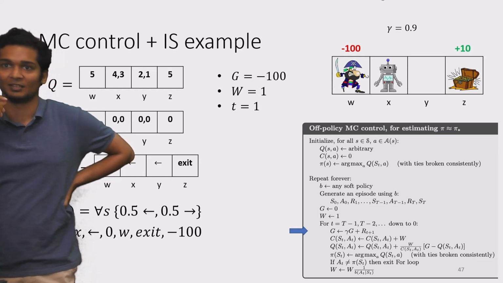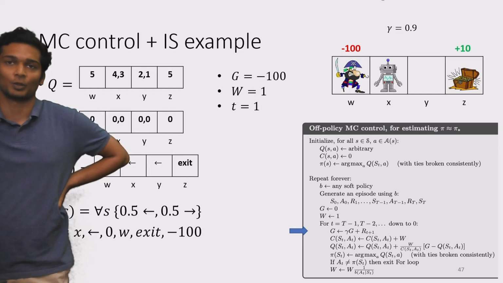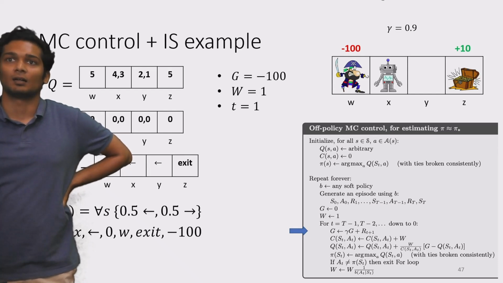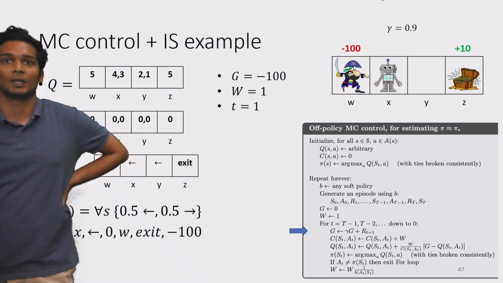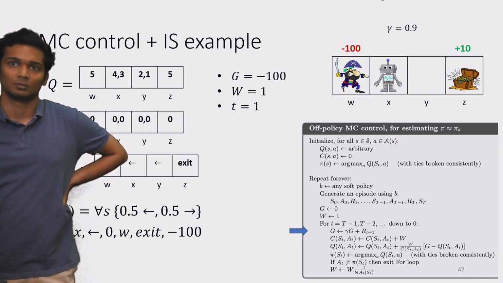So it's just alpha times 0 plus the immediate reward -100, and then we see W. We are keeping it as 1. W was initialized to 1, and we are now looking at the final time step before we went out of the episode. Exactly. That was time step 1. We started with 0. And we had time step 1, and then we exited. So we're going back in time. We start at t equals 1. Okay. The G, the return, is -100 at this time step.